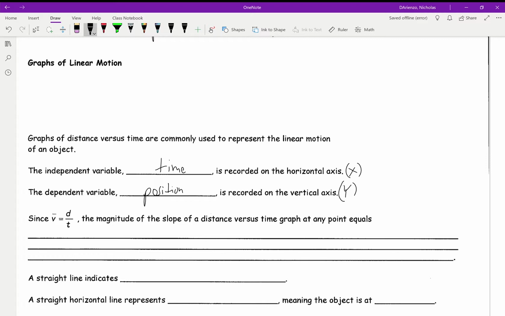Since average velocity equals distance divided by time, the magnitude of the slope, so how steep or shallow the slope of a distance versus time graph is at any point, equals the object's speed at that instant.